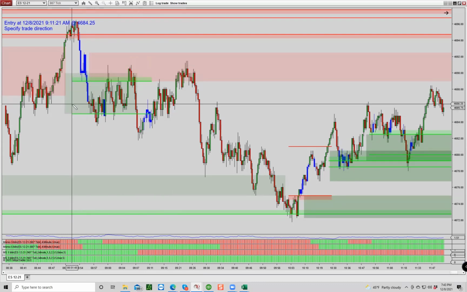How far is the next zone in percent terms? So what's the percent move to the next zone? Or, I don't know how relevant that is, to be honest, but how many ATRs away is that next zone, right?